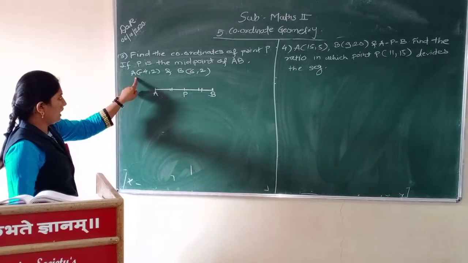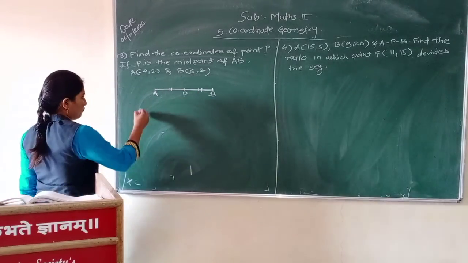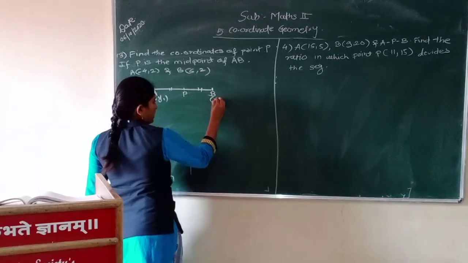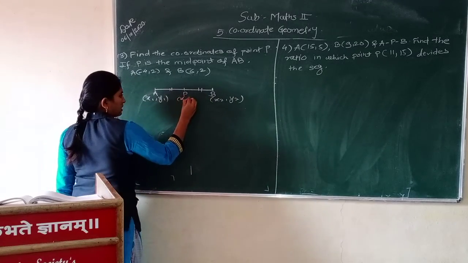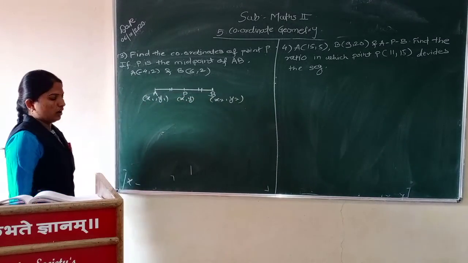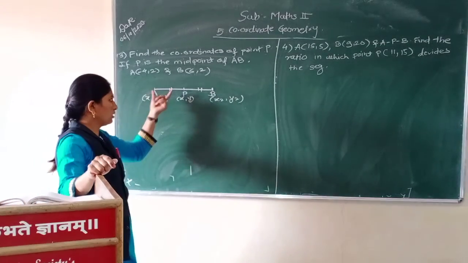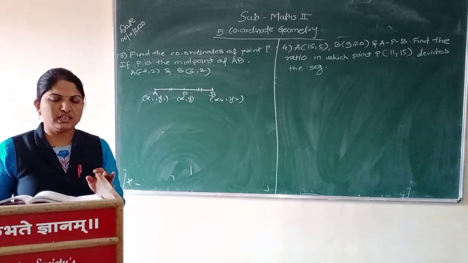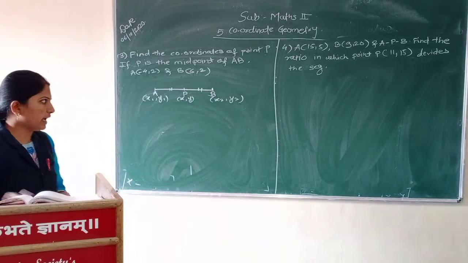Okay, A is (-4, 2) and B is (6, 2), x1, y1, x2, y2, and this is x, y, the midpoint. Now tell me, what is the ratio of section? The section ratio for a midpoint is always 1:1, meaning m equals n.